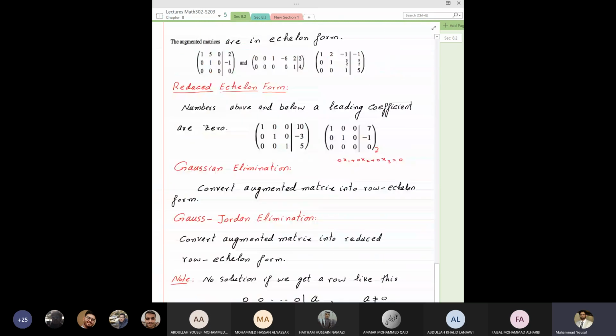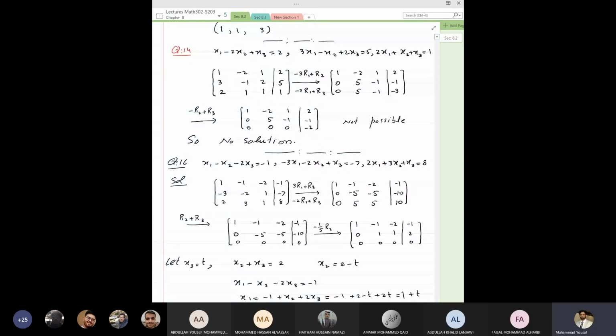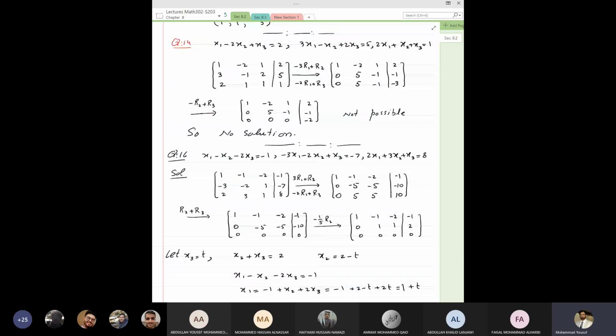At the end, for example, if the starting matrix is A, then the last matrix we can say is B, and these two matrices are equivalent.